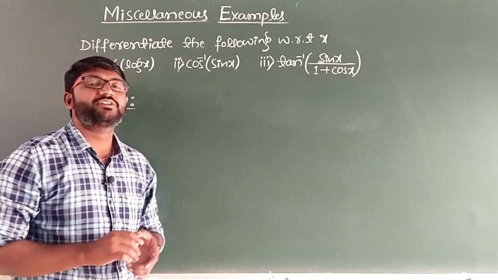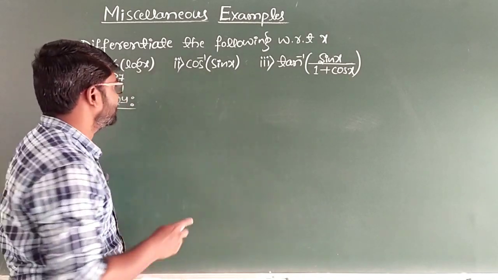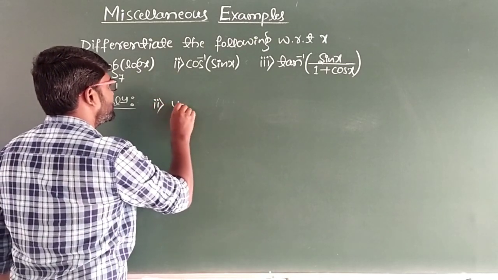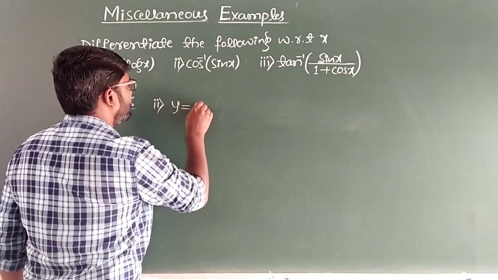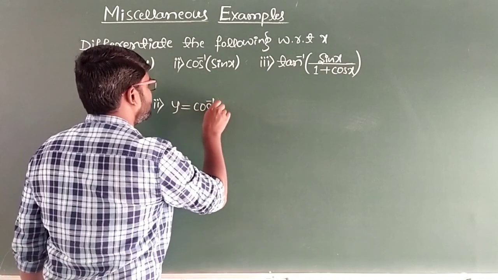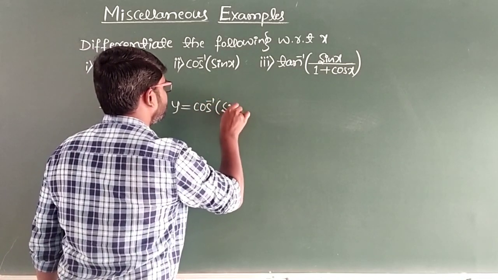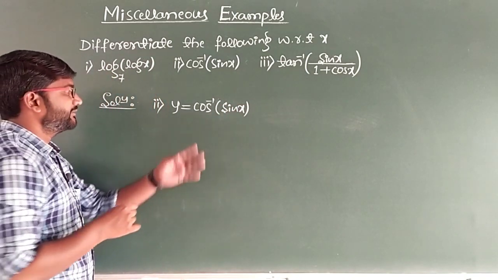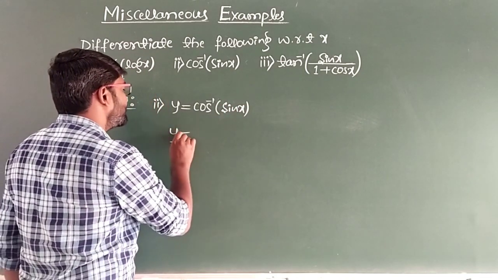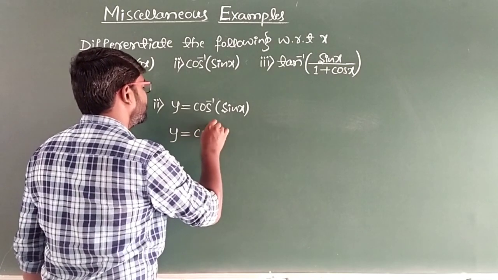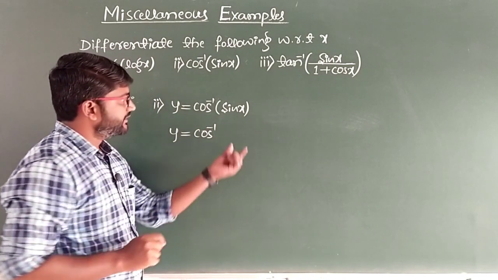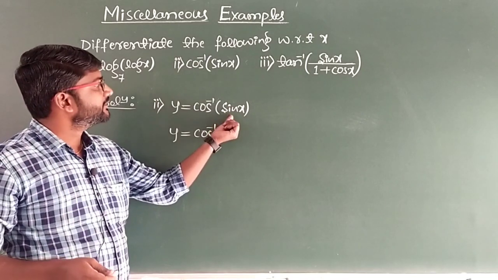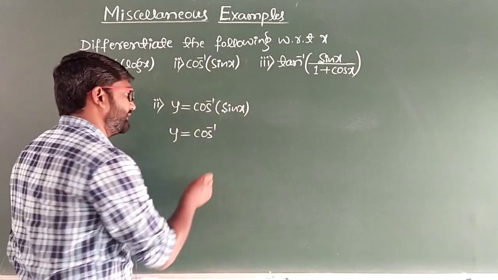Well, let us solve question number 2 here. Roman number 2, y which is equal to cos inverse of sin x. So now let us simplify this. Y which is equal to cos inverse. So here sin x can be written as cos 90 minus x or cos pi by 2 minus x.